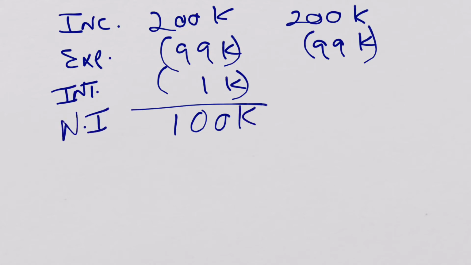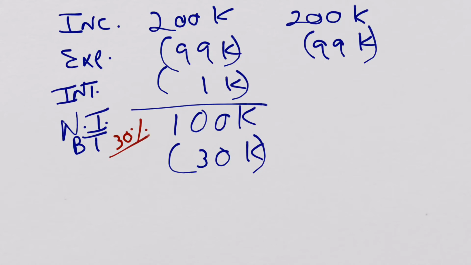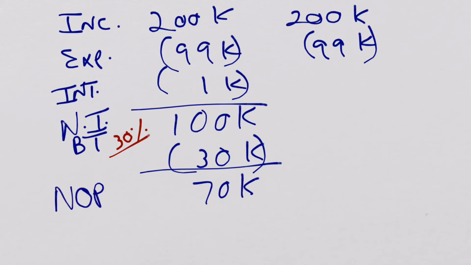So it would be net income before tax. And the tax will be 30 because it's 30% rate. We're told that 30% rate. And that brings us to 70K of net operating profit after taxes, but after interest expense.